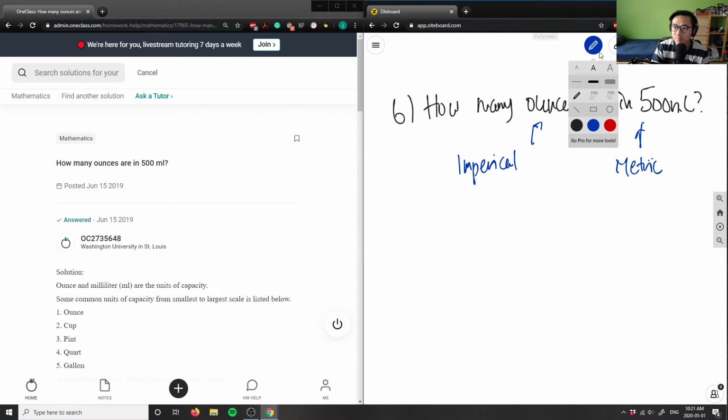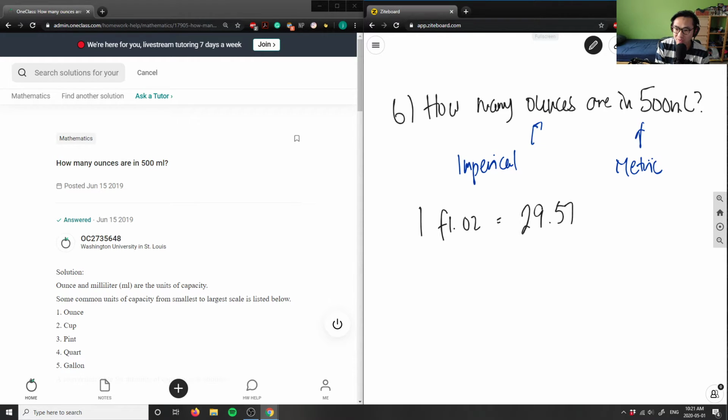It says here that if I want to convert ounces to milliliters, my conversion factor is 1 fluid ounce equals 29.5735 milliliters. If I know this conversion factor, I now have to find how many ounces are in 500 milliliters.